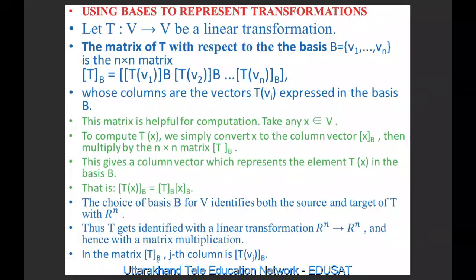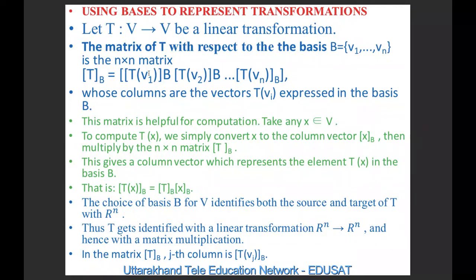Now, using a basis to represent a transformation: let T be a linear transformation from a vector space V to V. The matrix of T with respect to the basis B equal to v1, v2, ..., vn is the n by n matrix TB, whose columns are [Tv1]B, [Tv2]B, ..., [Tvn]B, where the B's are in the suffix.